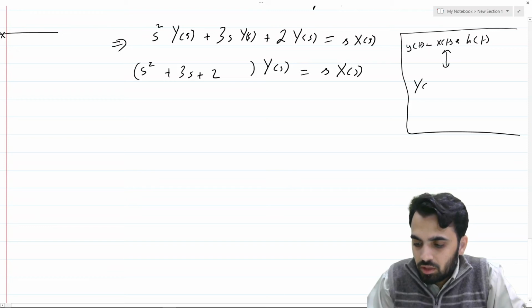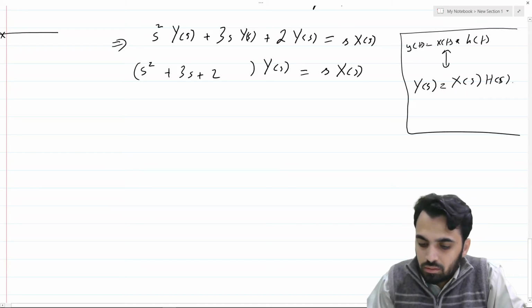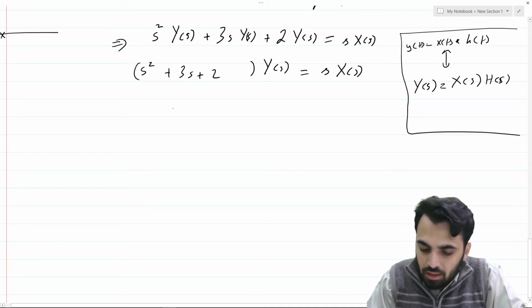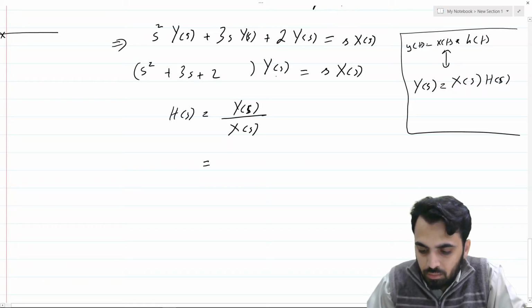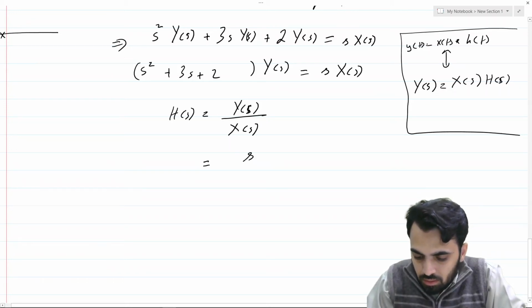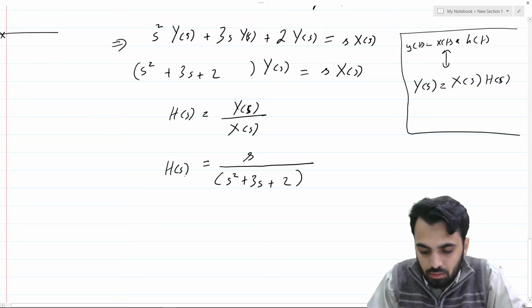So we have Y(s) = X(s)H(s). This means that H(s) is equal to Y(s) over X(s). And from here we simply have s over s² + 3s + 2. So this is our transfer function.